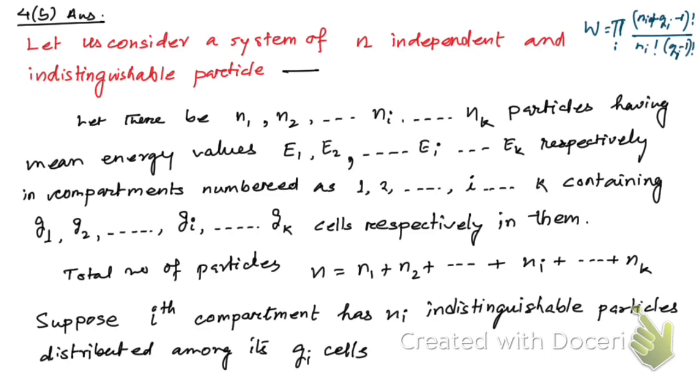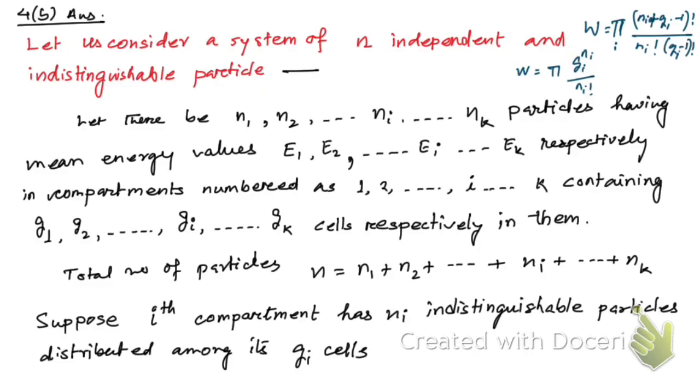Similarly, in case of Maxwell-Boltzmann statistics, W is equal to this thermodynamical probability, the multiplication of gi to the power ni divided by ni factorial. So it will be better if you remember these three things.